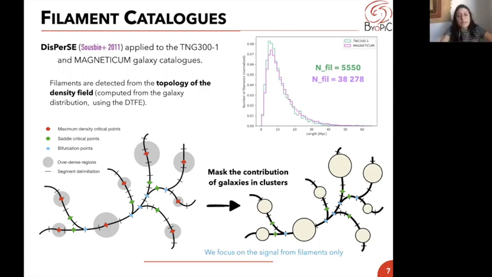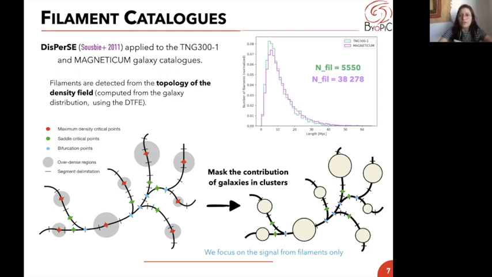So basically, filaments are a set of segments that go from a maximal density critical point, in red here in the schema, to the saddle of the density field.